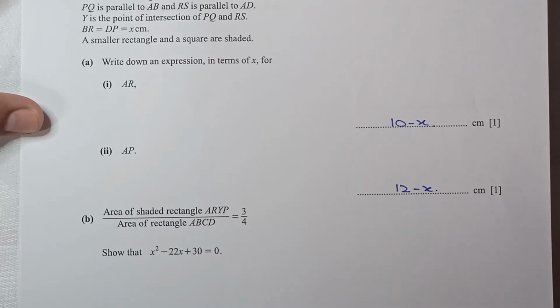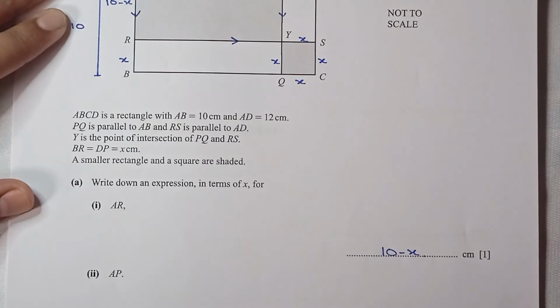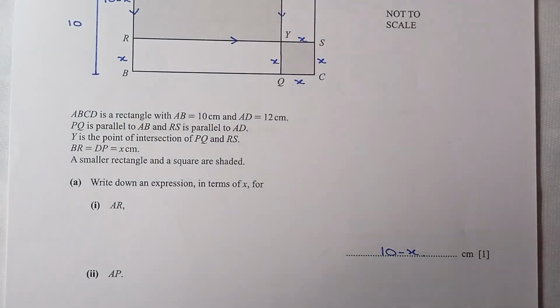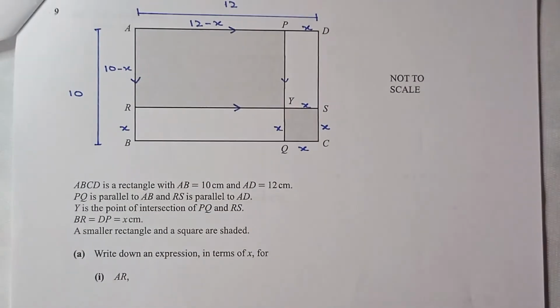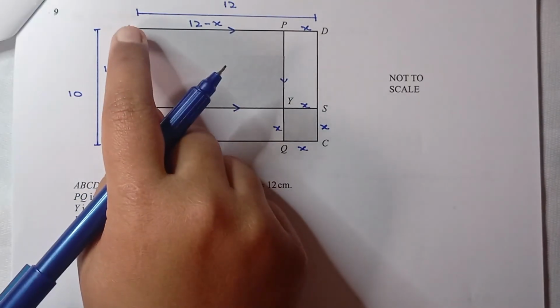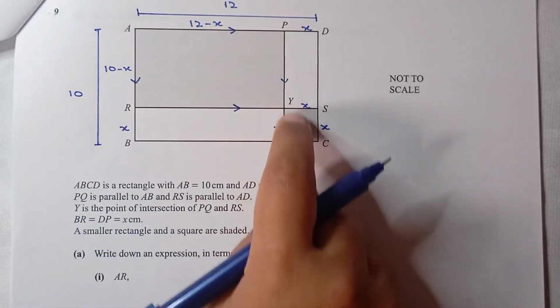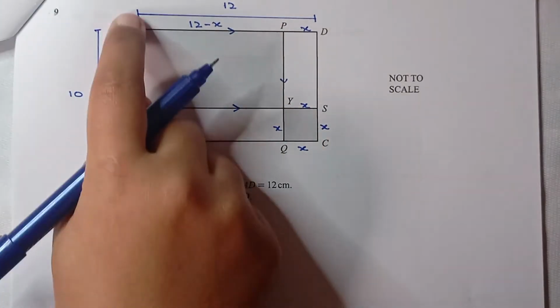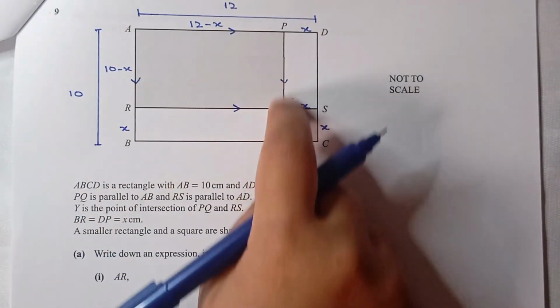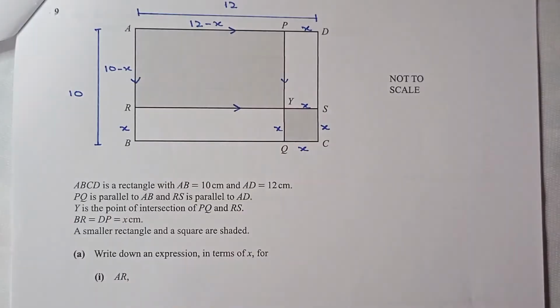Now for the B part, area of shaded rectangle ARYP over area of rectangle ABCD is 3 by 4. Show that. So we have area of the shaded rectangle and then area of the complete rectangle. The area of a rectangle is length times width. So the length is 10 minus x and the width is 12 minus x.